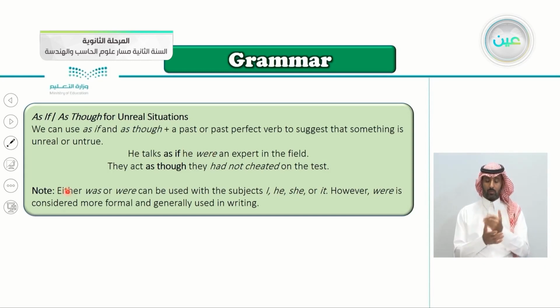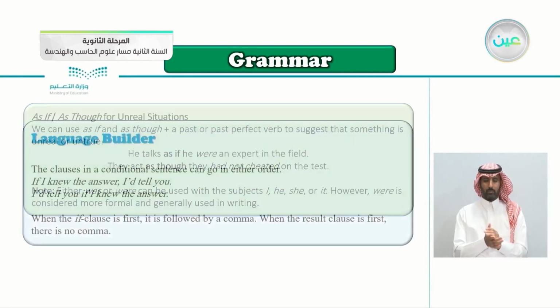However, were is considered more formal and generally used in writing. Here, he talks as if he were. We didn't say was. Both are correct, but were is more formal and generally used, especially in writing.